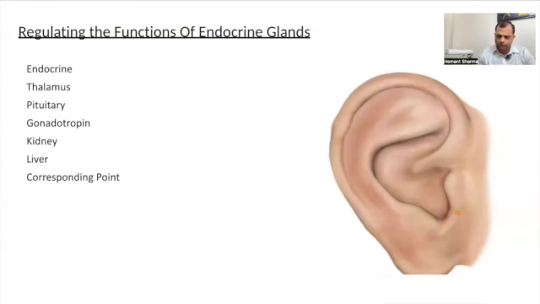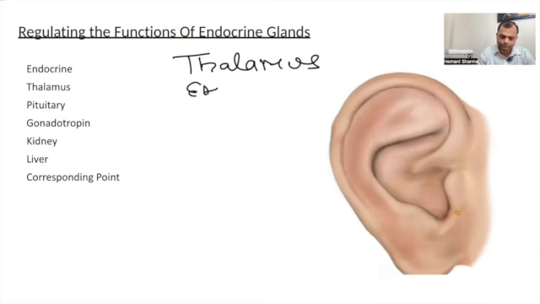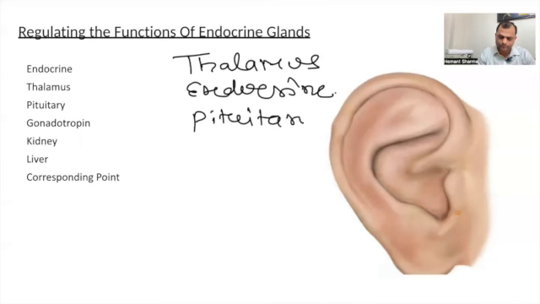So we are stimulating thalamus in the brain, endocrine, then the pituitary, then the one hormone secreted by the pituitary and acting on the testes and ovary, that is gonadotropin.